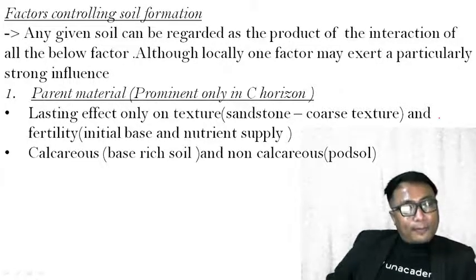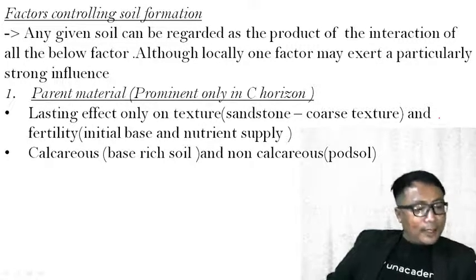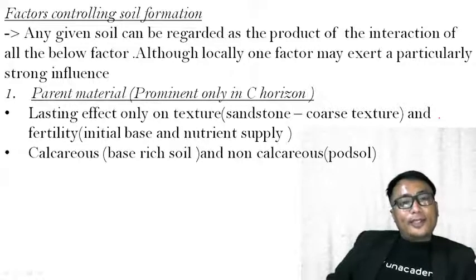In the soil forming processes, we have seen weathering. That is, after all, the soil is the outcome of weathering of the parent rock. Therefore, one factor that influences or controls soil formation is the parent rock. Now you see here, the lasting effect of the parent rock, okay, you see here.